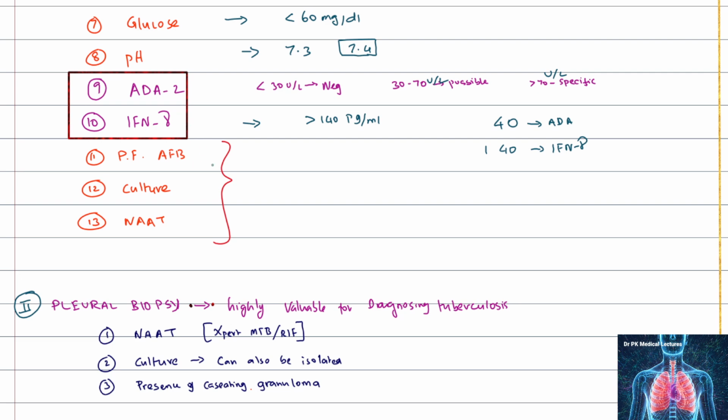And isolation of organism from the pleural fluid by AFB smear, culture or CB-NAAT, all are usually negative. As I already told, the pleural fluid is paucibacillary.